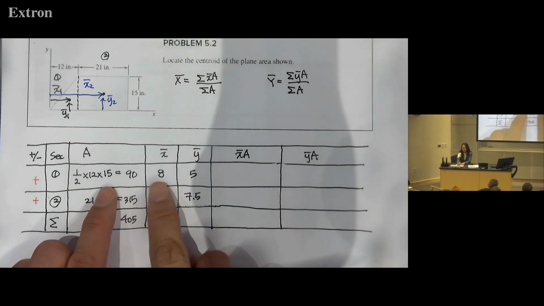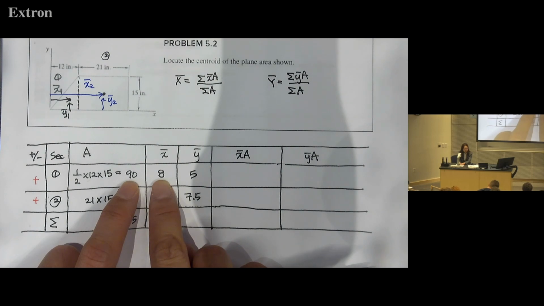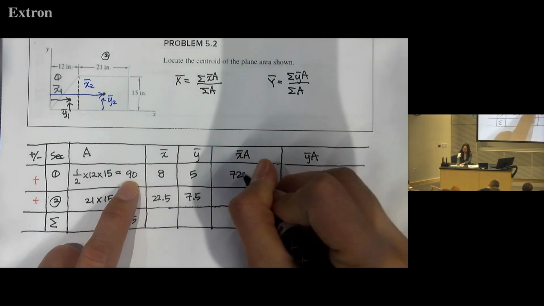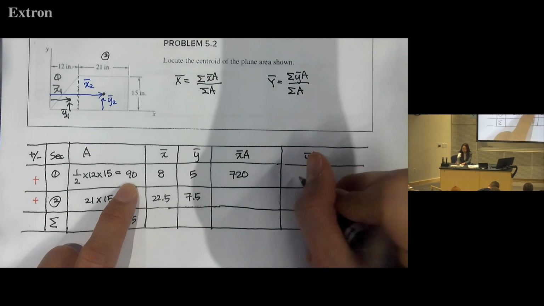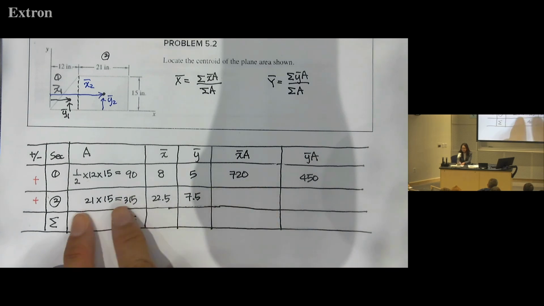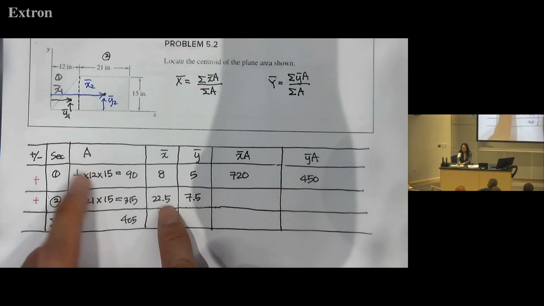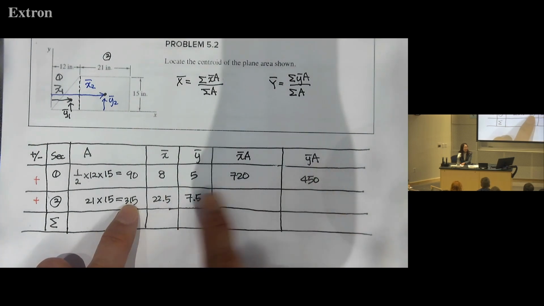So multiplying this, 90 times 8, right? So that's 720. 90 times 5 is 450, something like that. So for the second one, x bar times A, this times this, now you need a calculator, right? And then y bar A, this times this.